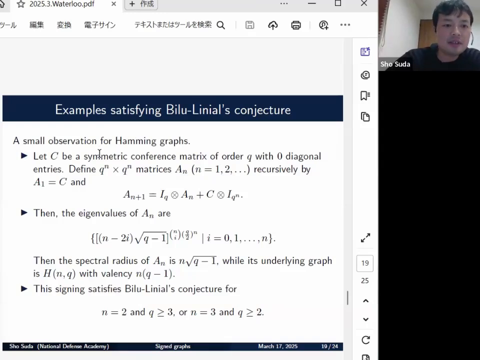Let's take a symmetric conference matrix over Q with zero diagonals, and then define Q^n times Q^n matrices A_n recursively in this way. The initial term A_1 is equal to the symmetric conference matrix C, and A_{n+1} is defined to be the sum of A_n tensor I plus I tensor C.